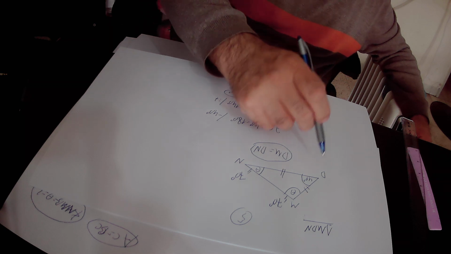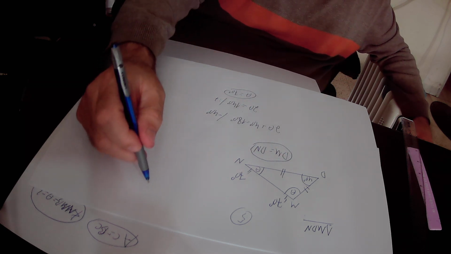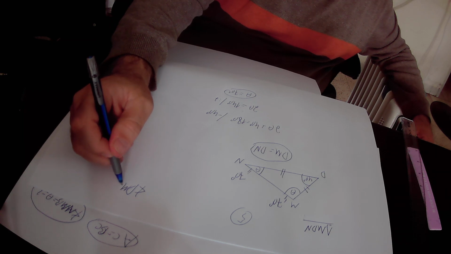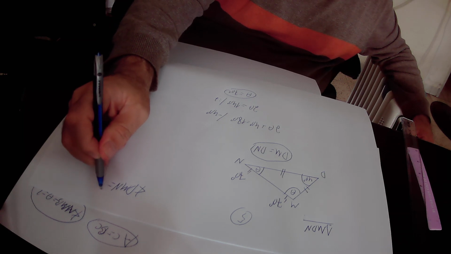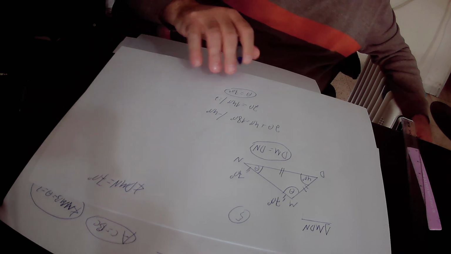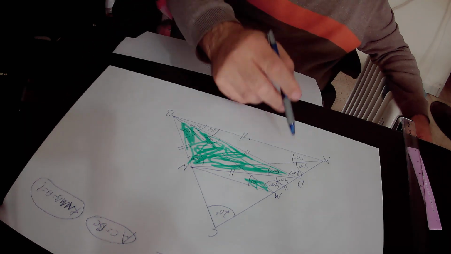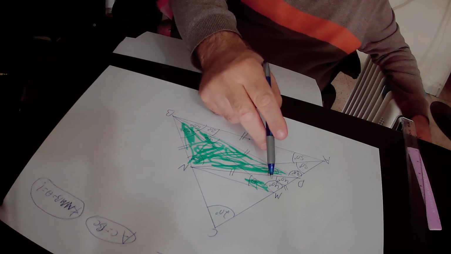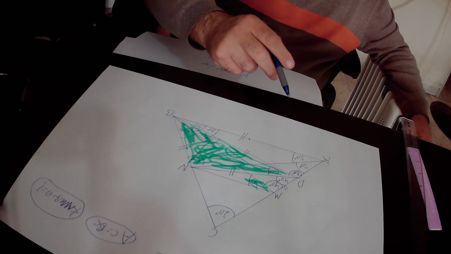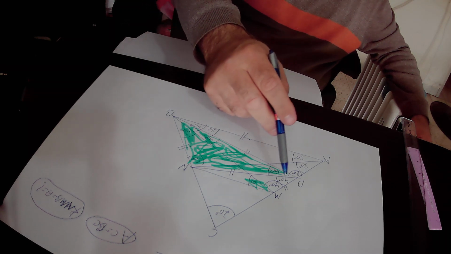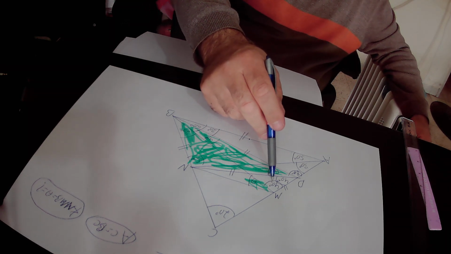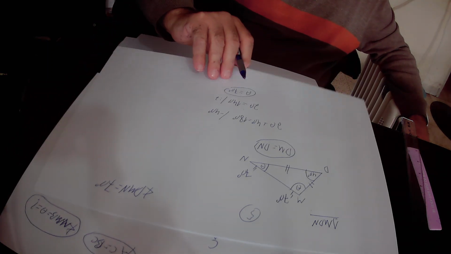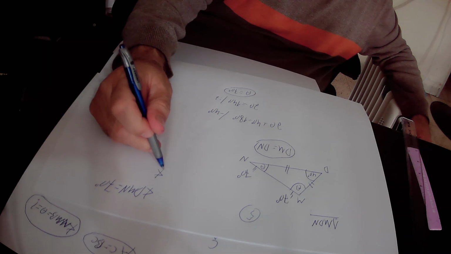So angle DMN, the big angle DMN, equals 70 degrees in its size. Angle DMB, the small angle DMB, equals 40 degrees in its size.